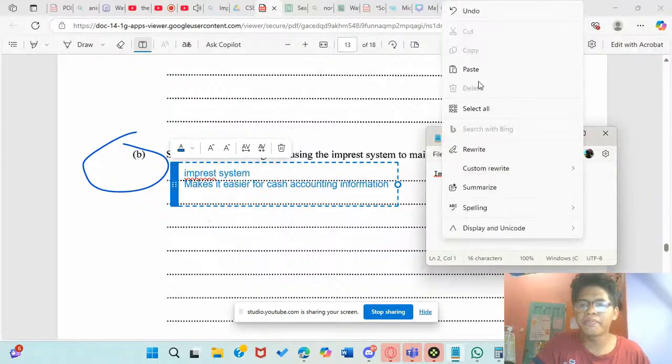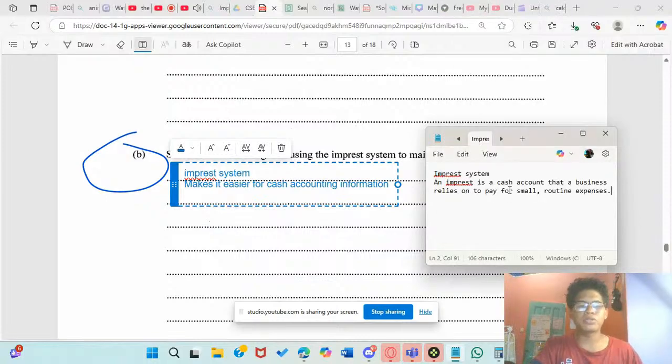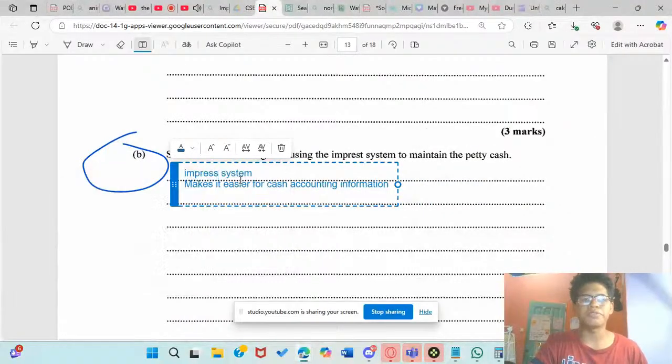As I said before, the Imprest system only regards microtransactions in a business. It does not regard anything that is too big. Of course, that's in the cash book. In the cash book, they record bigger cash transactions. In the Imprest system, they record microtransactions. So there's a big differentiation between the Imprest system and the cash book.